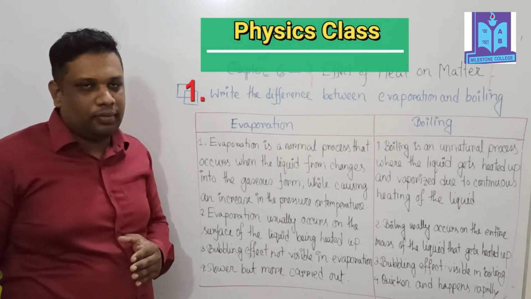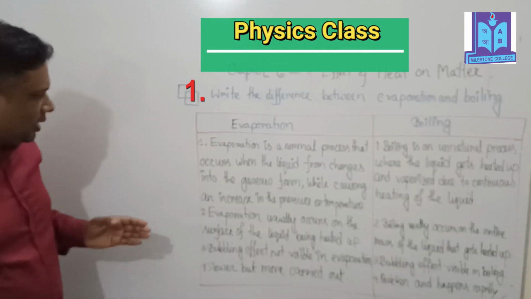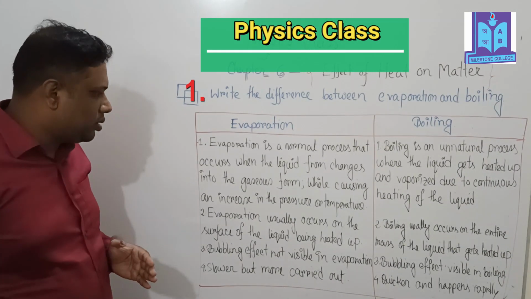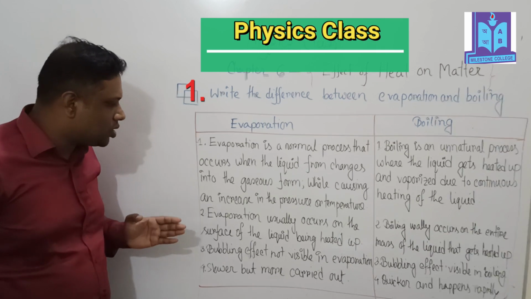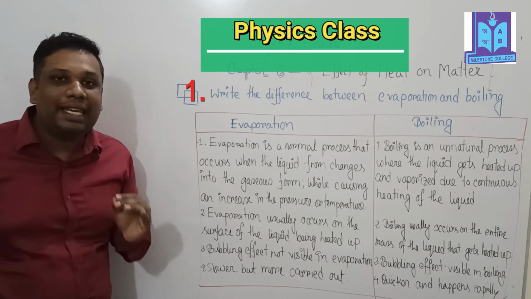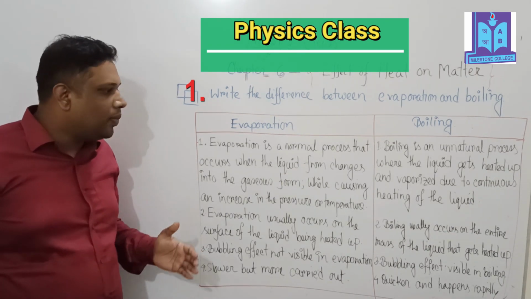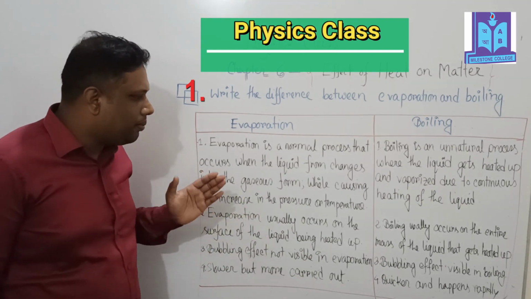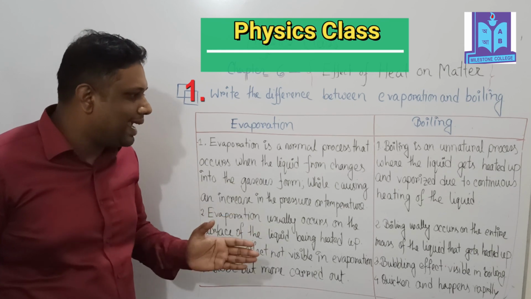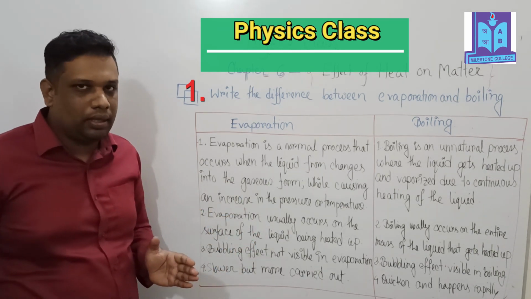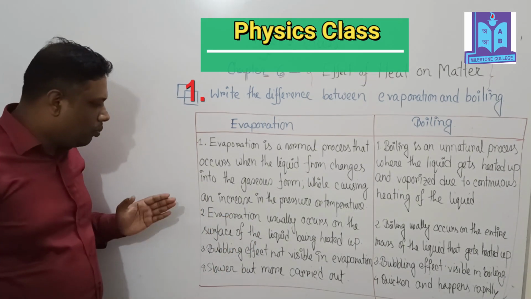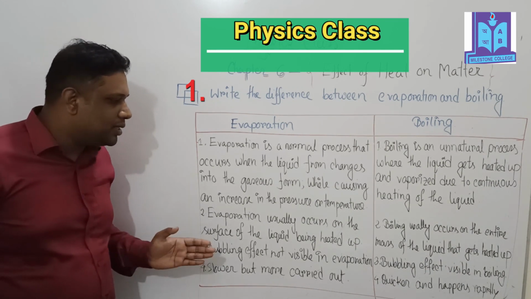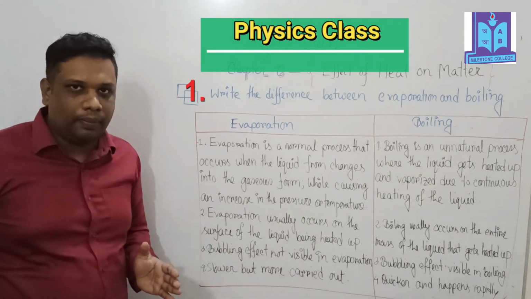Then evaporation usually occurs on the surface of the liquid. Then boiling usually occurs on the entire mass of the liquid that gets heated up. Number 3, boiling effect is not visible in evaporation.